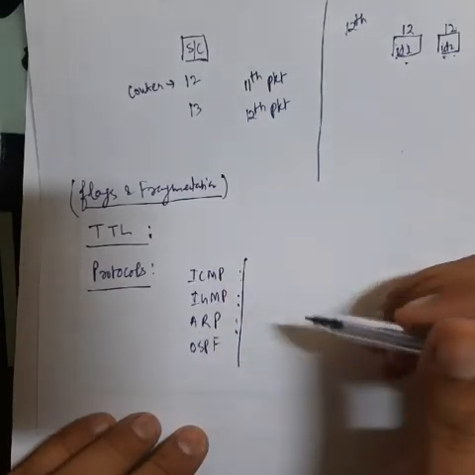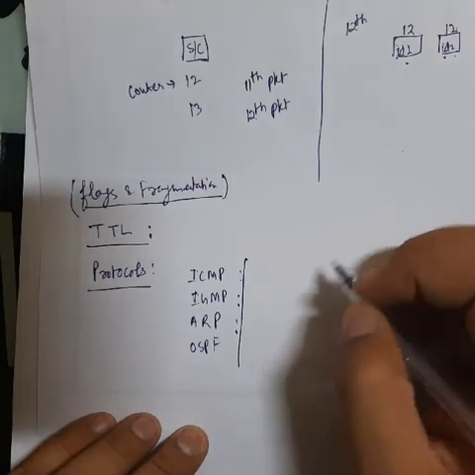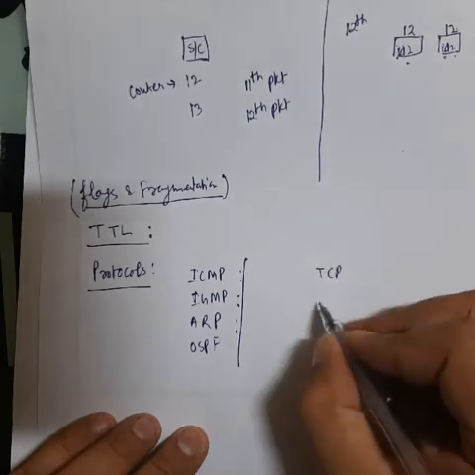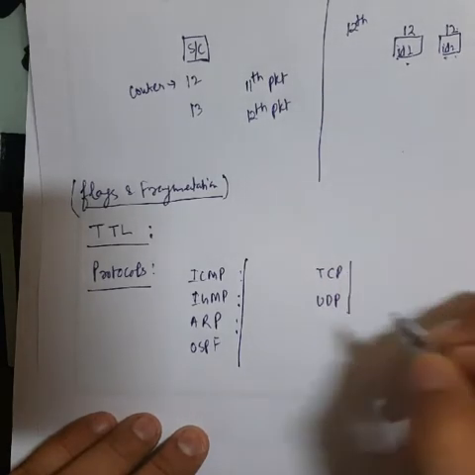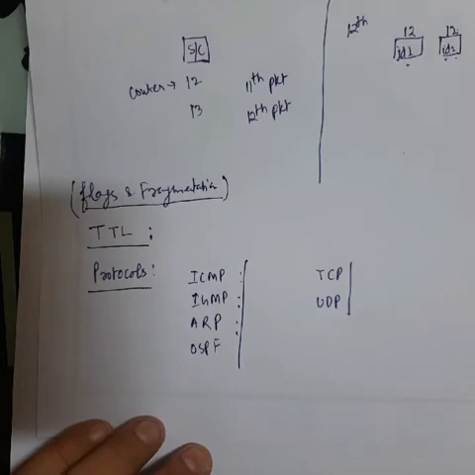Now if the network layer communicates with the transport layer, which is higher than the network layer, then the network layer uses the protocols TCP and UDP. So this field carries the protocol information of the IP datagram.